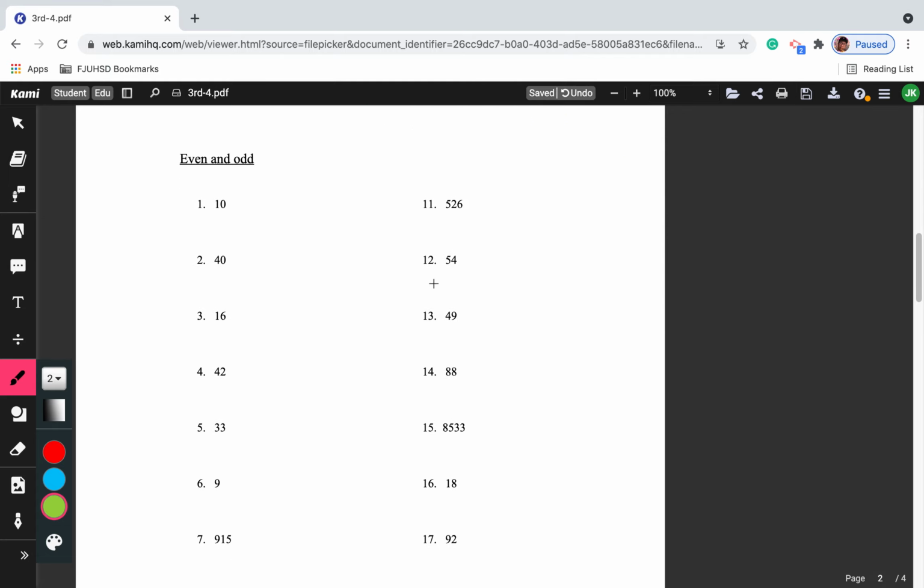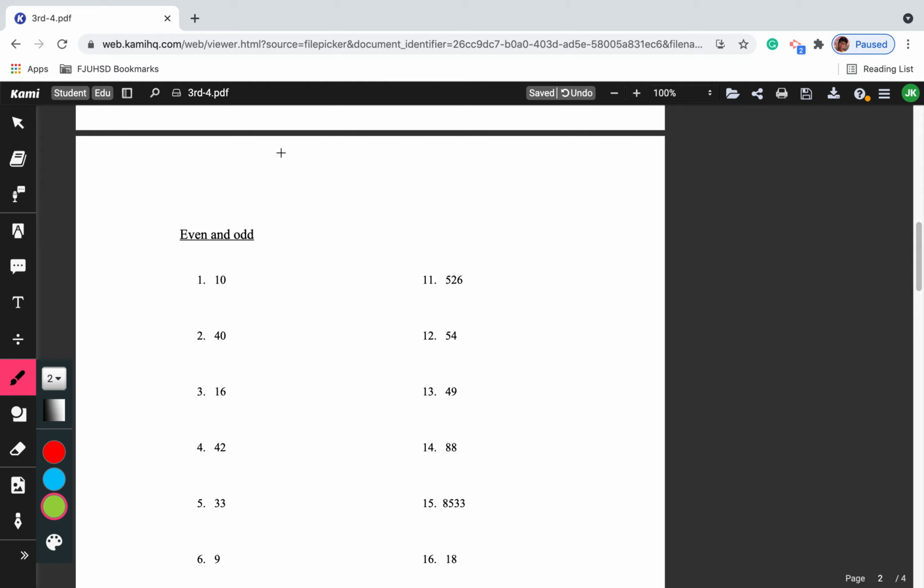Even and odds. Basically, any number that ends with 0, 2, 4, 6, 8 is even, and anything that ends with 1, 3, 5, 7, 9 is odd.